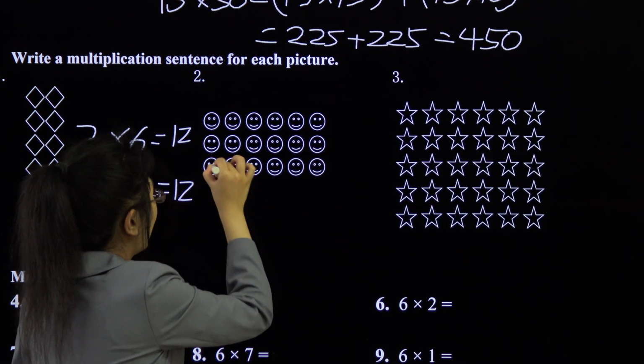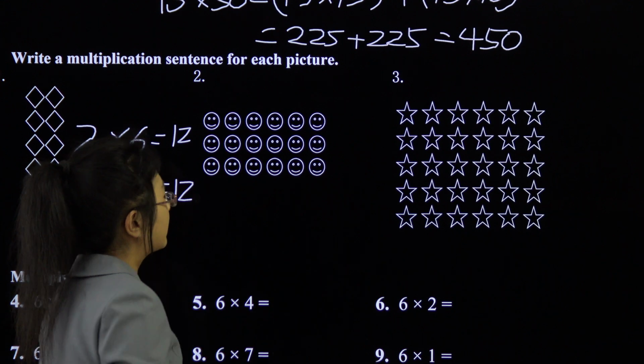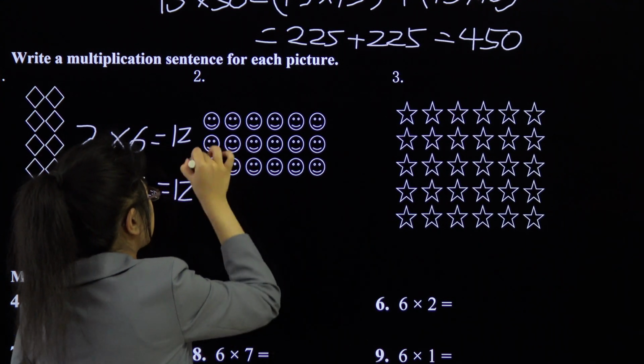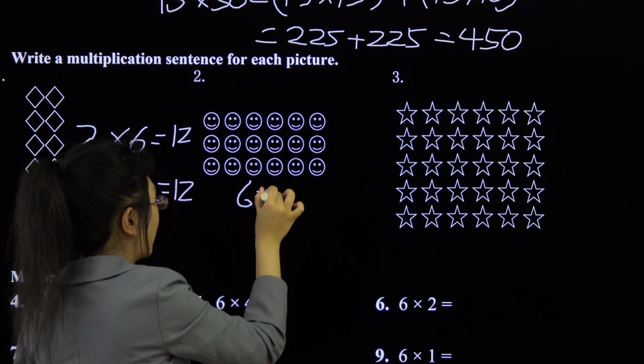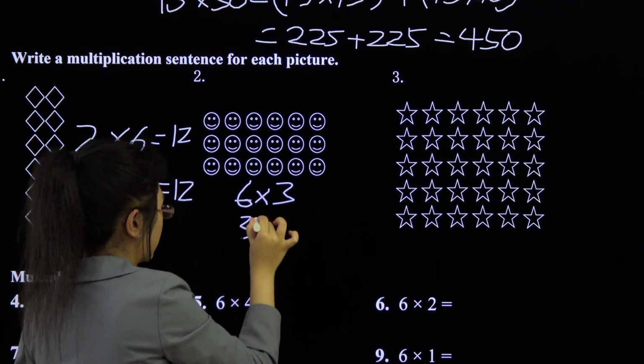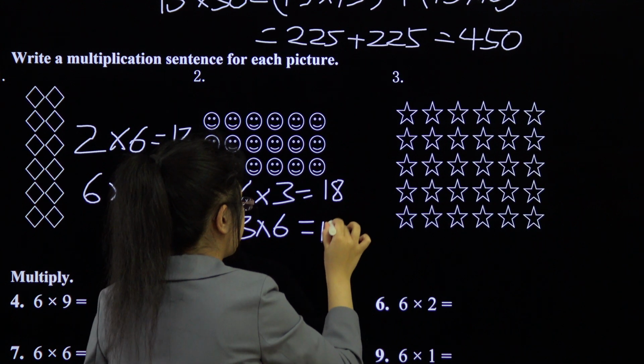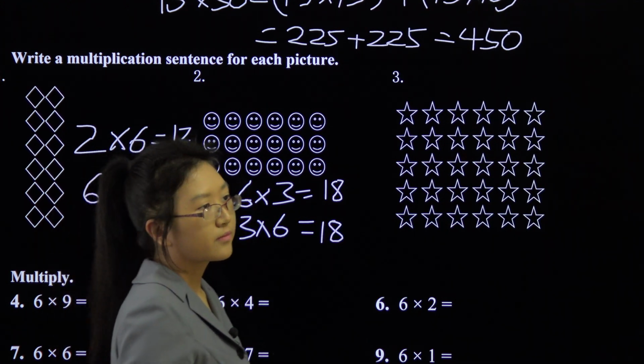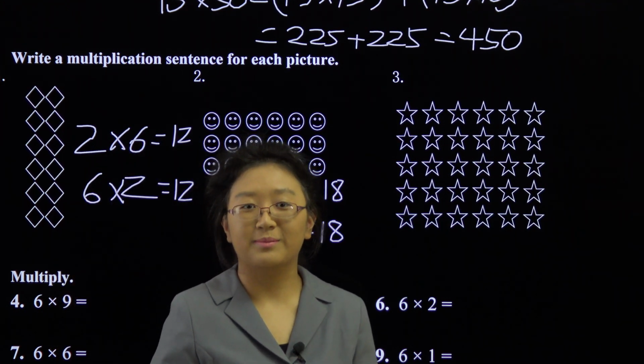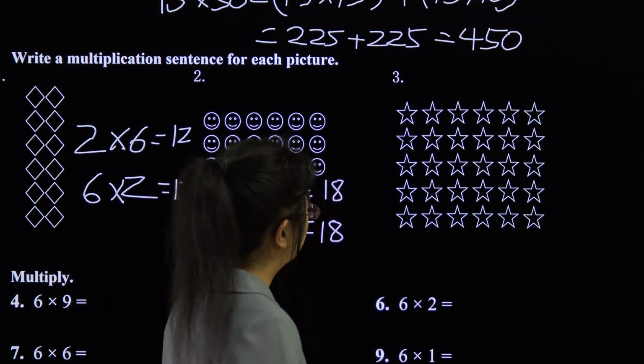Here we have 1, 2, 3, 4, 5, 6, and then 1, 2, 3. So 6 by 3 or 3 by 6. That's 18. How do I know this so quickly? Because I memorized my multiplication table.